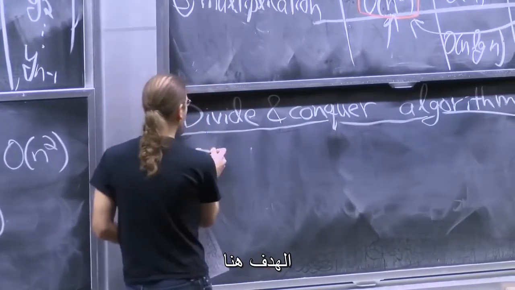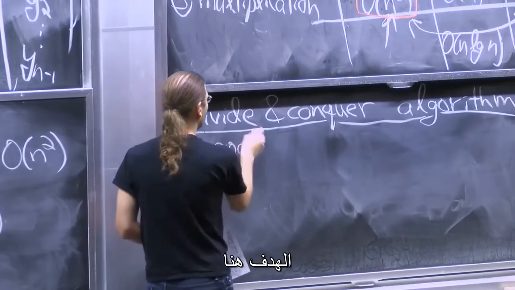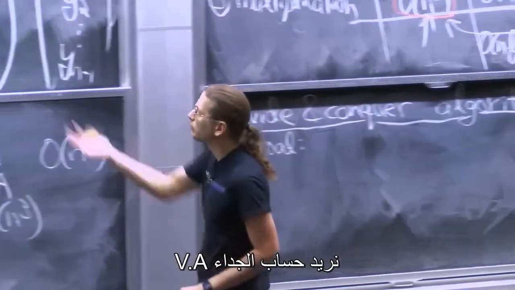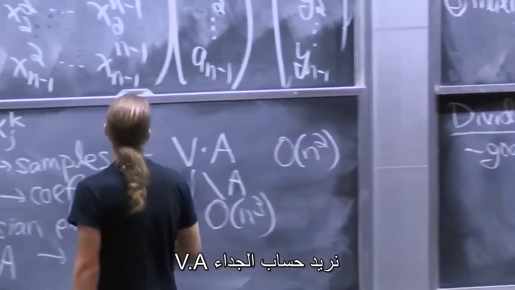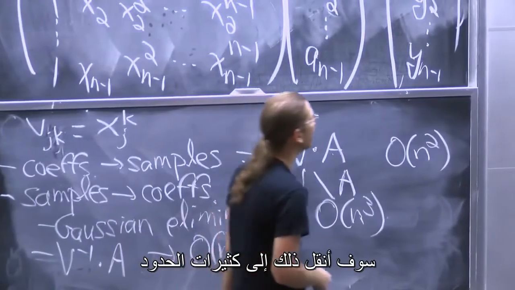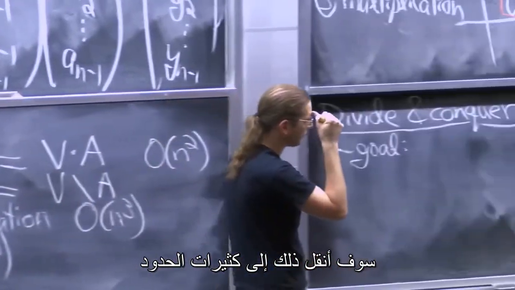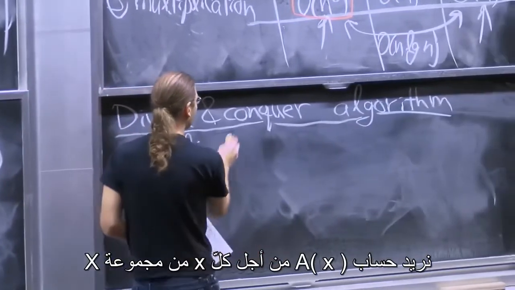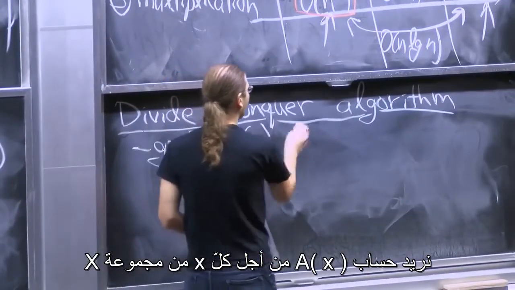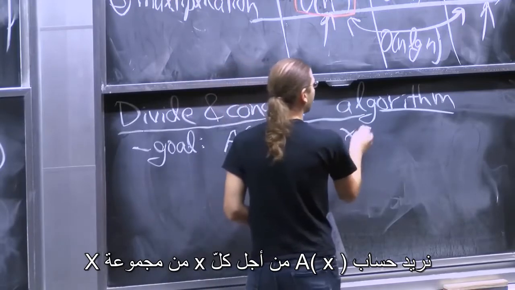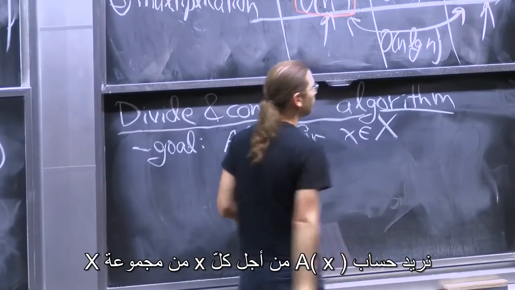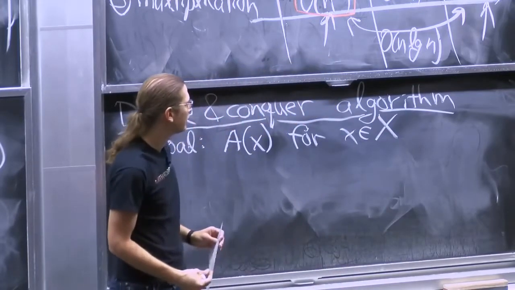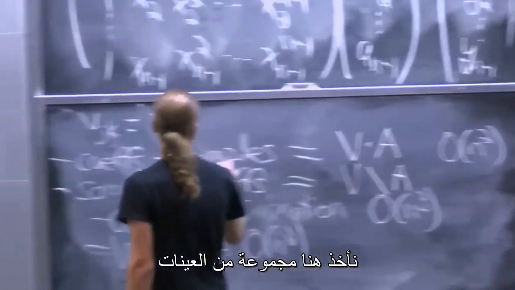So let's say the goal, what we want to do, is compute this V times A. I'm going to think of that back in polynomial land. So our goal is to compute A of x for all x in some set X. Okay, this is taking a bunch of samples.